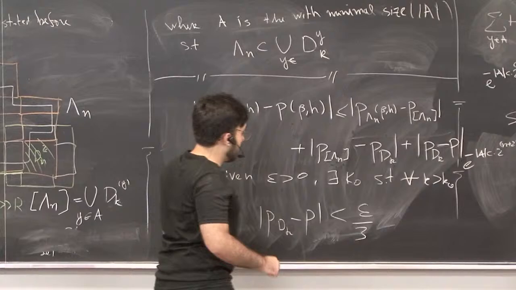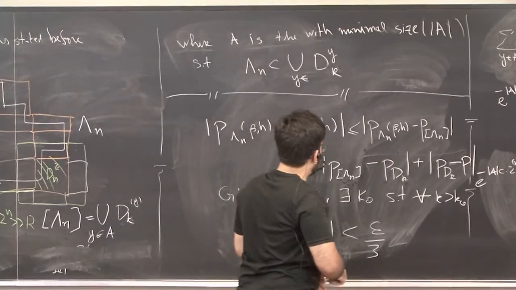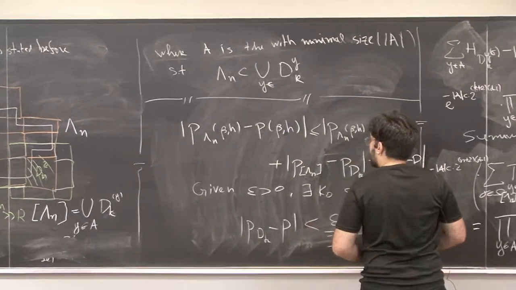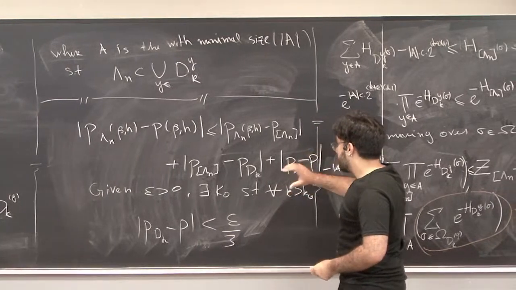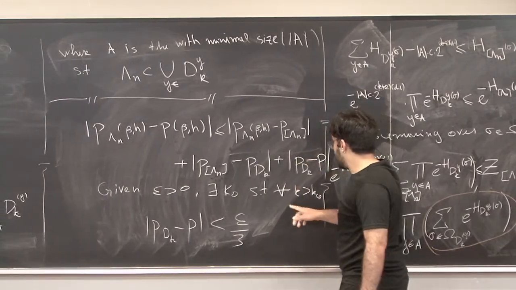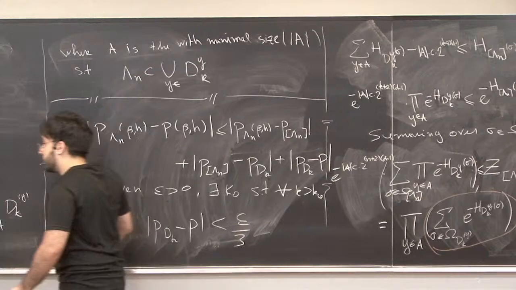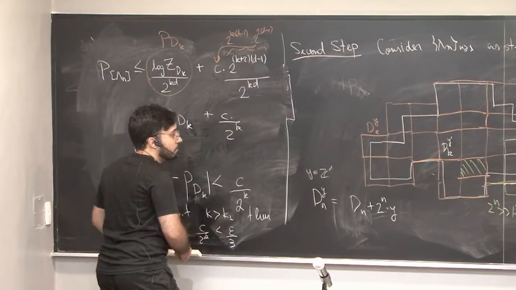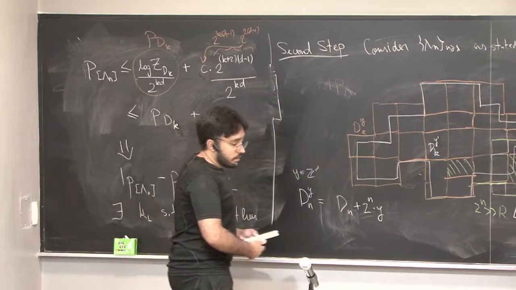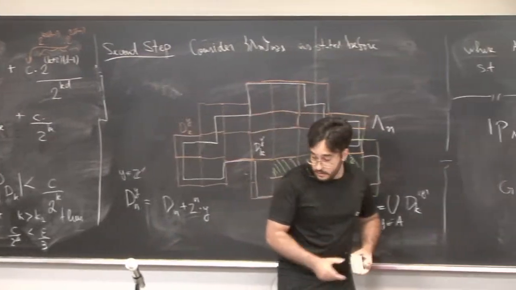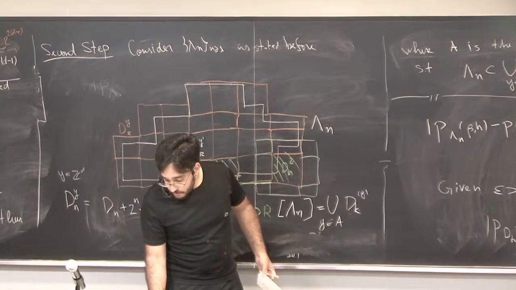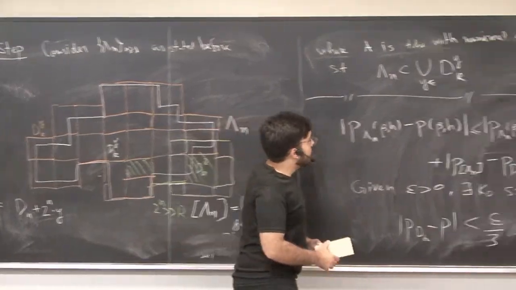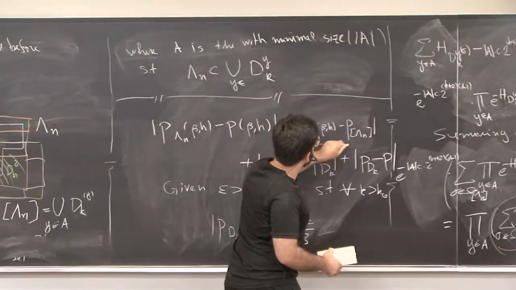Okay? So all I need to do to make this work is to take K larger than the maximum of K0 and K1. And now the last part that I need to control is this one.